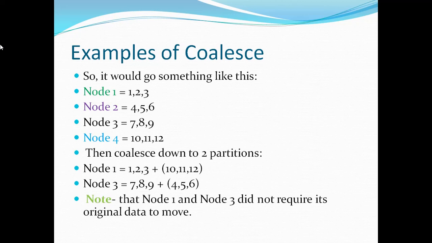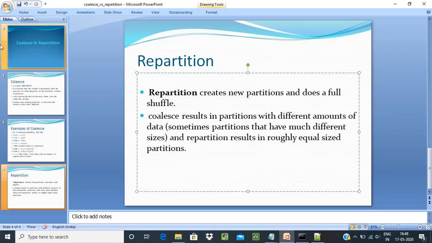But here in repartition all data is shuffled, making a balanced amount of records in each and every partition. That is also a big advantage in terms of achieving more parallelism. The disadvantage is that more data is shuffling. Now I'll show you the practical.